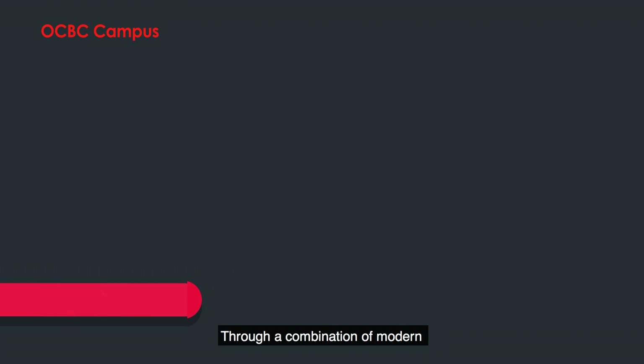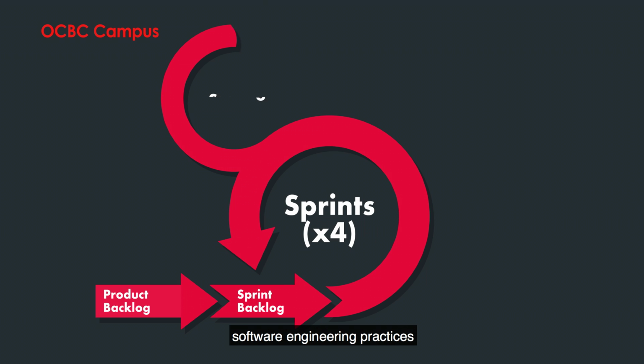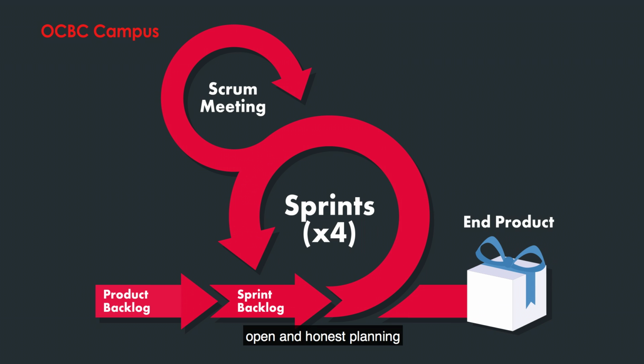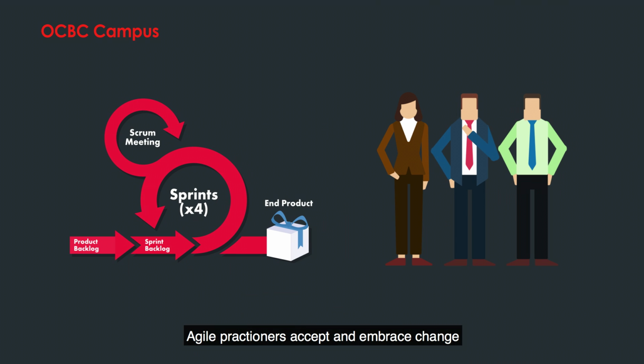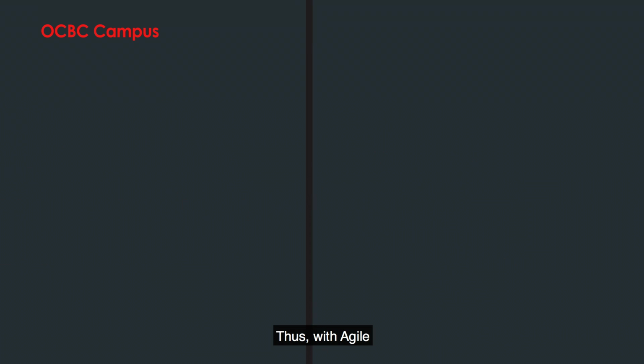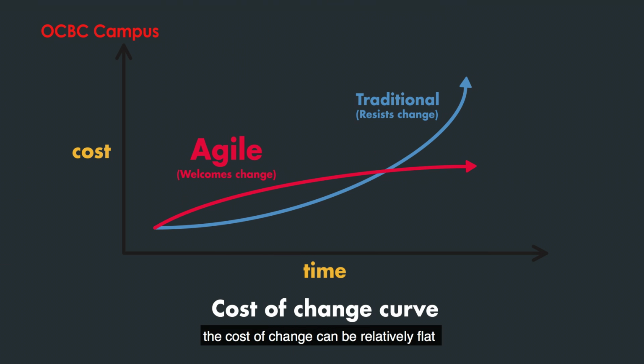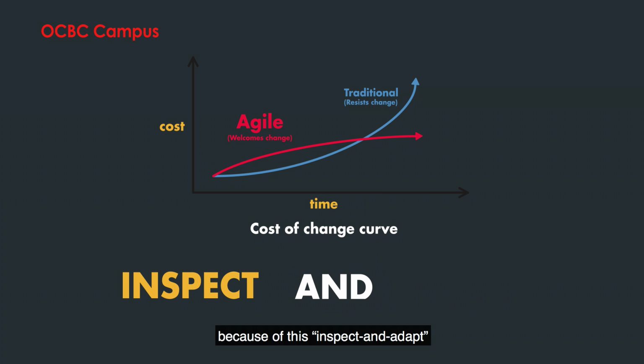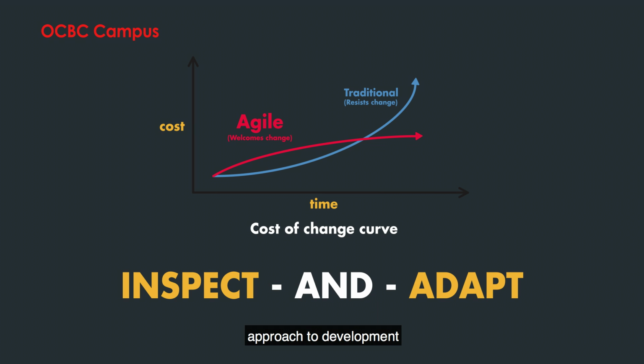Through a combination of modern software engineering practices and open and honest planning, Agile practitioners accept and embrace change even late in the delivery process. Thus, with Agile, the cost of change can be relatively flat because of this inspect and adapt approach to development.